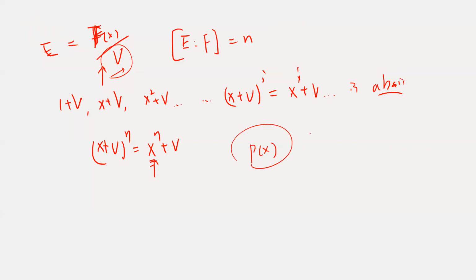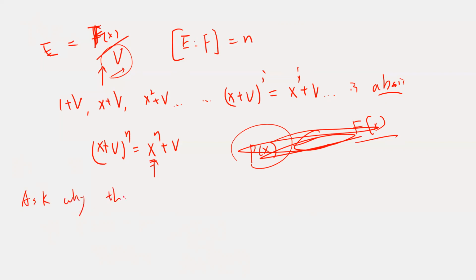P of X should be a polynomial. So we need to ask why there's a root in E, right? Such that, let's say this root is C, such that P of C is 0, right?